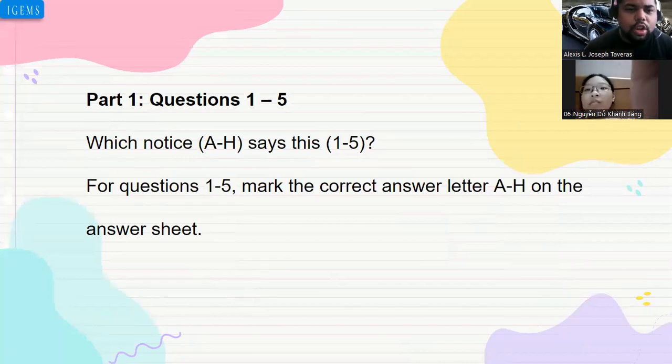Okay, so here it is. What you notice is A to H, and 1 to 5. We are going to mark the correct answer and letter, from A to H, on the answer sheet.